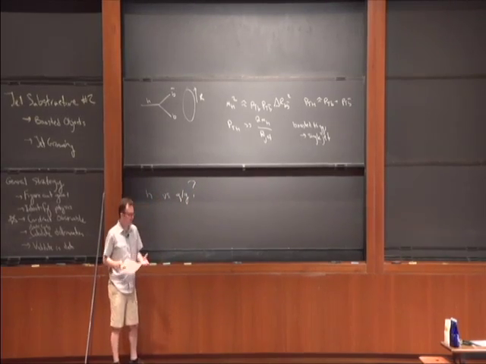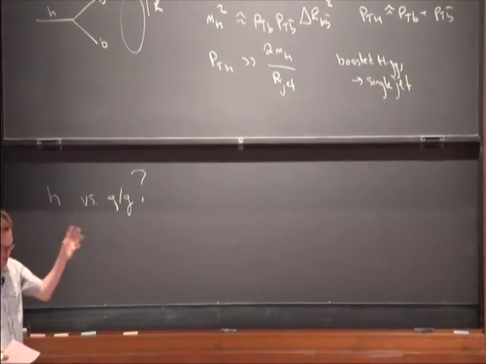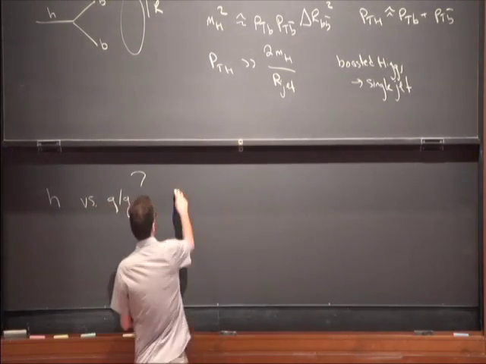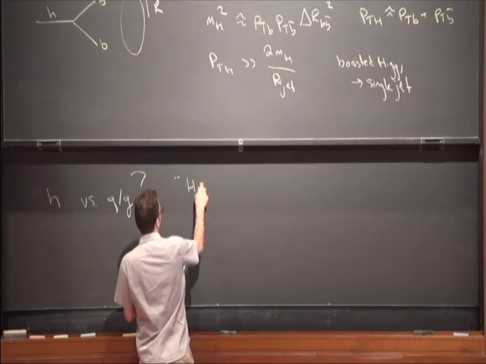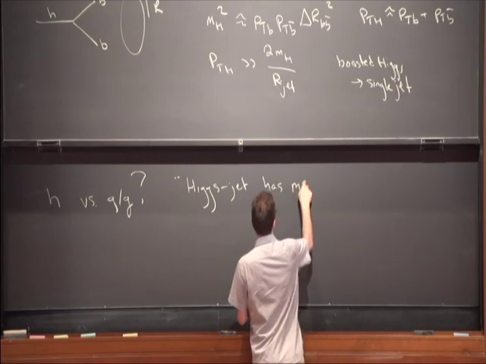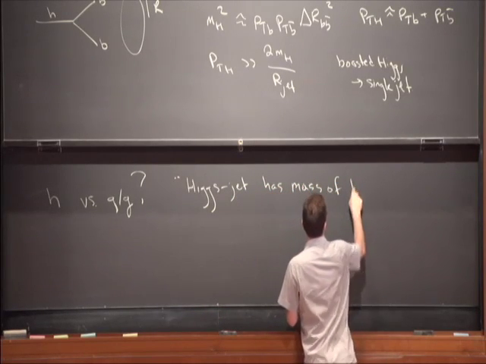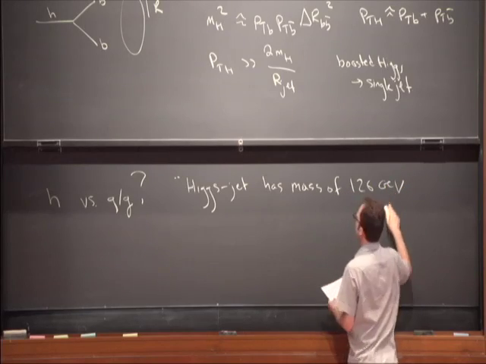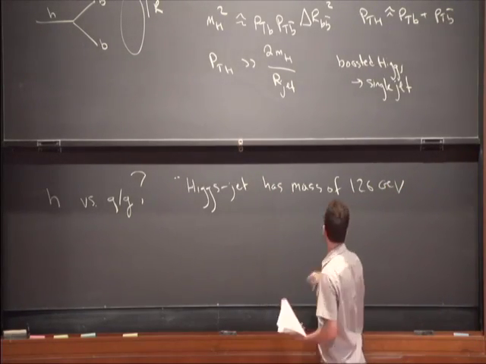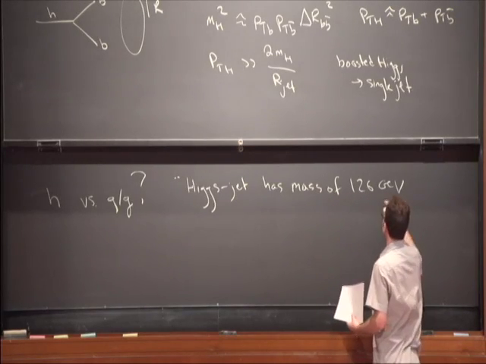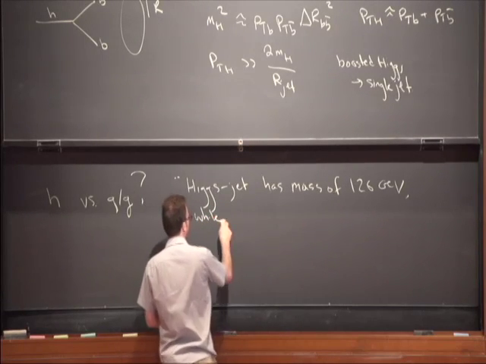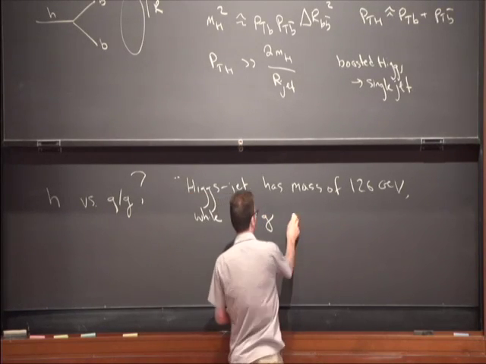In the boosted regime, a Higgs is reconstructed as a single object, but that's not going to look at all like a quark or gluon jet, because, you would say, a Higgs jet has a mass of 126 GeV. After all, that's the invariant mass of the Higgs, and if the b and b-bar are reconstructed into that single jet, the Higgs jet has a mass of 126 GeV. While, come on, quarks and gluons are massless.